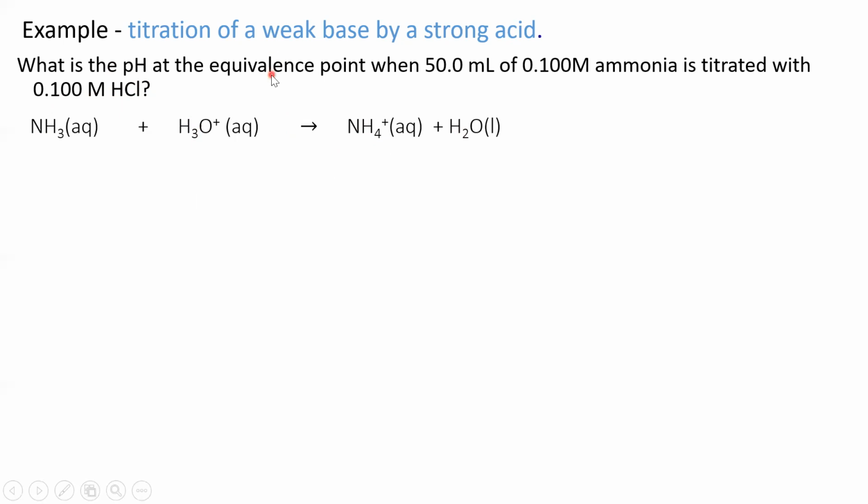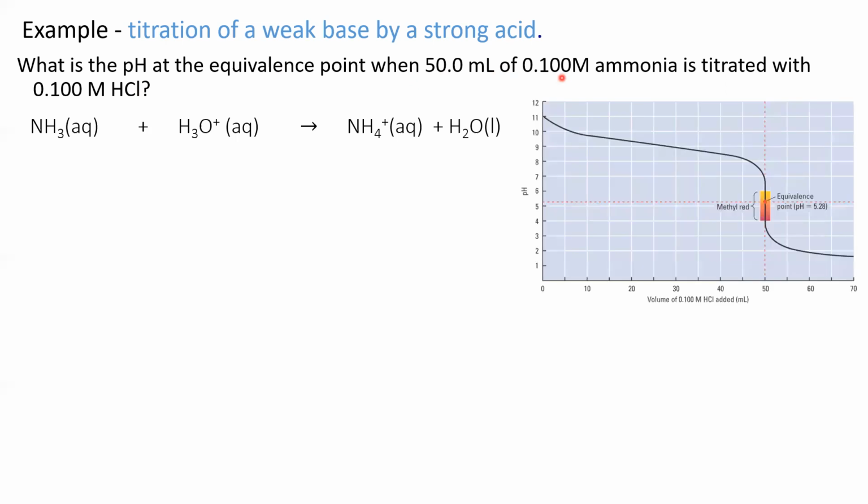All right, we want to get to the equivalence point. Well, we know the molarity and the volume for the base. If we know those two things, we can calculate the moles of our base. Now, it doesn't tell us the volume of the acid, but it tells us we're at the equivalence point. Well, by definition, equivalence point means the moles of the base equal the moles of the acid.